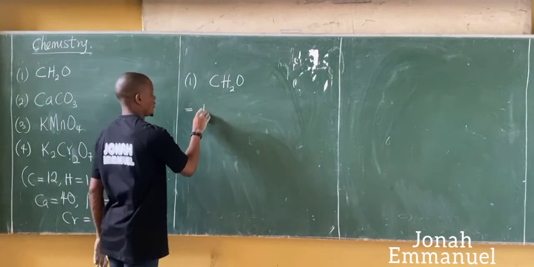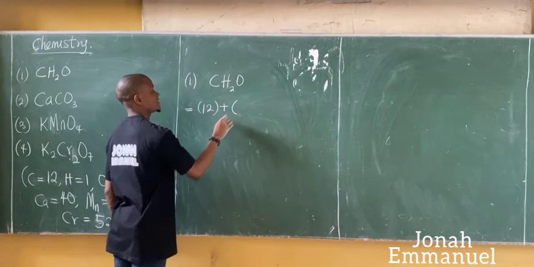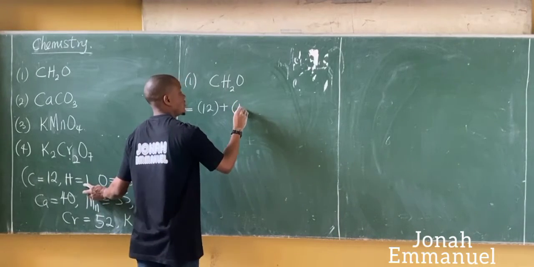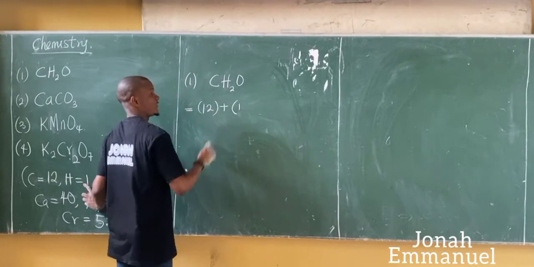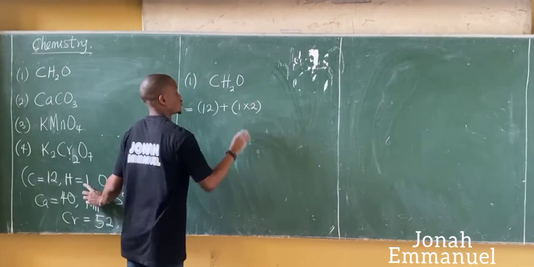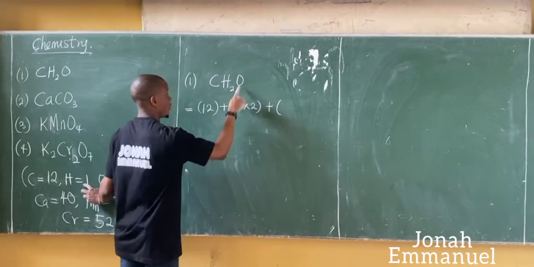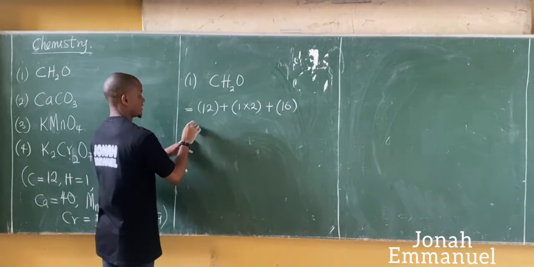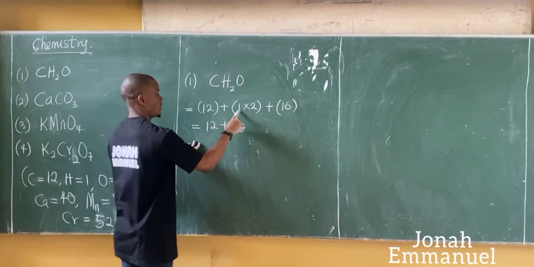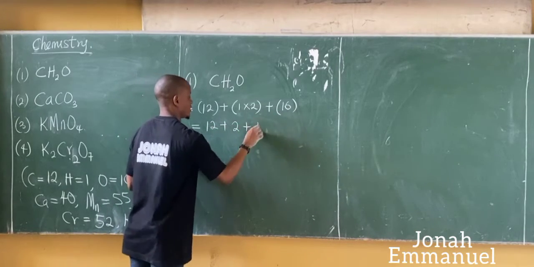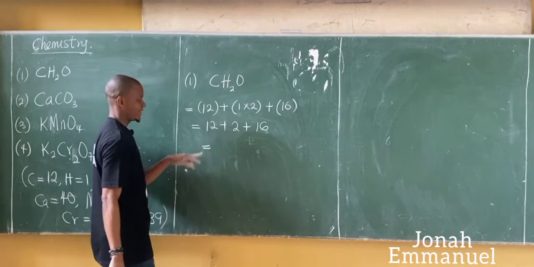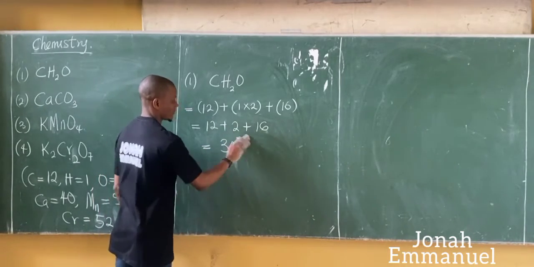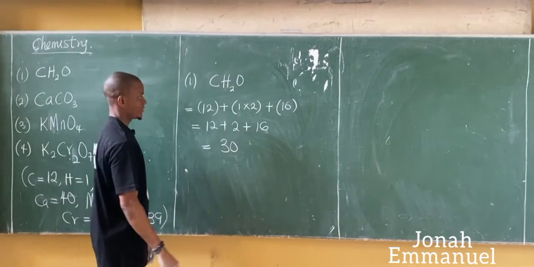Plus hydrogen, whose mass is 1, but I have 2 atoms of hydrogen, so times 2. Plus finally oxygen, which is 16. This is 12 plus 2 plus 16, which is 14 plus 16. How many? 30.